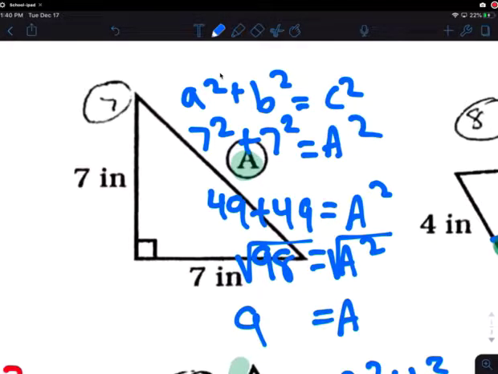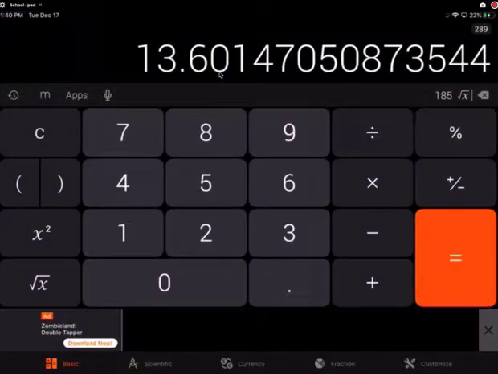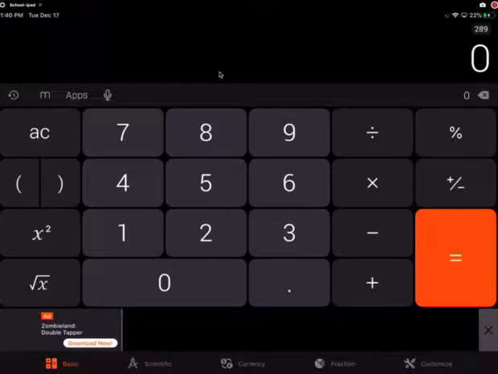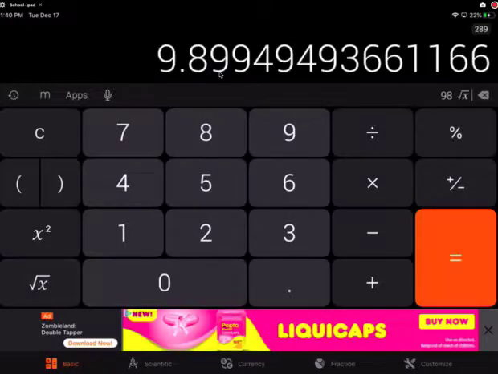Okay, square root of 98. It's equal to 9.89. Let me put this on here so you can see. 98 and the square root of it is that. This is a 9 right here. See my cursor? So this 8 goes up 1 to 9. So the answer is 9.9.